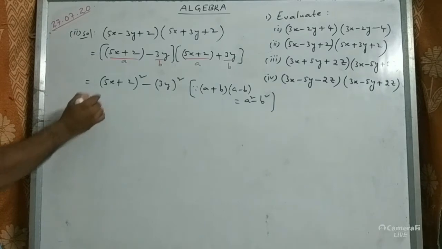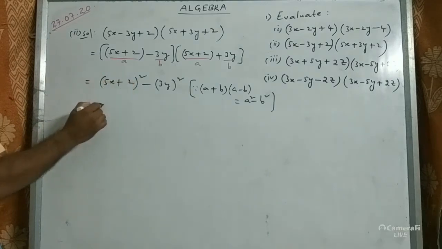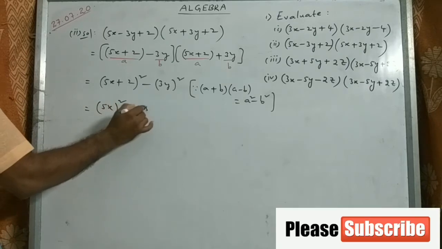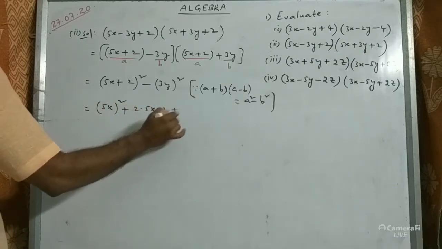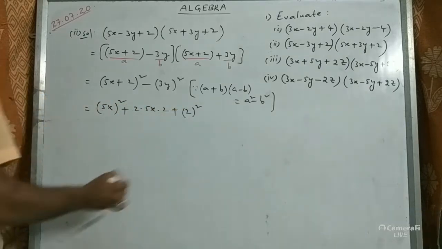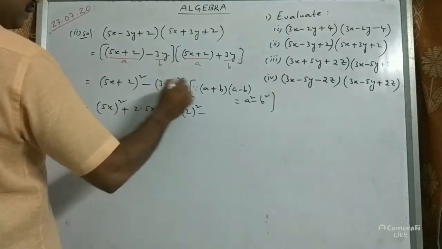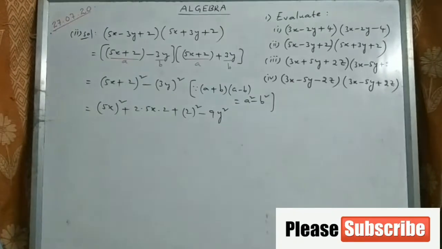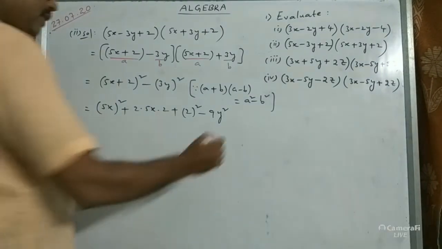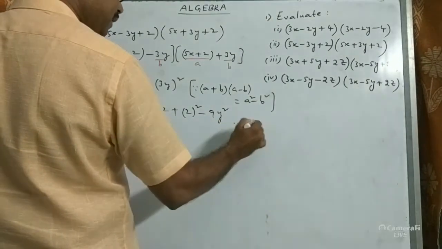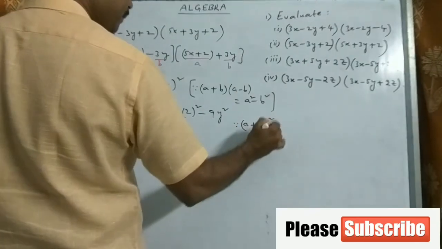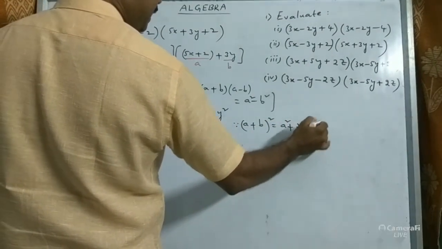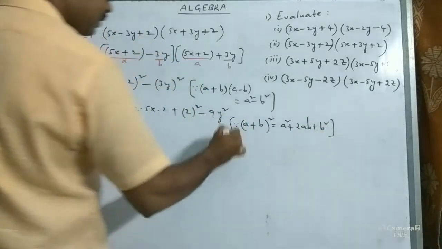So (a + b) whole squared again, I know a squared plus 2ab plus b squared, minus 3y whole squared means 3 3s are 9, y into y, y squared. Since (a + b) whole squared equals a squared plus 2ab plus b squared.